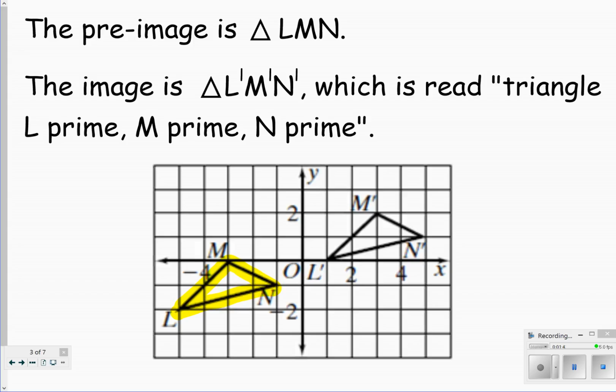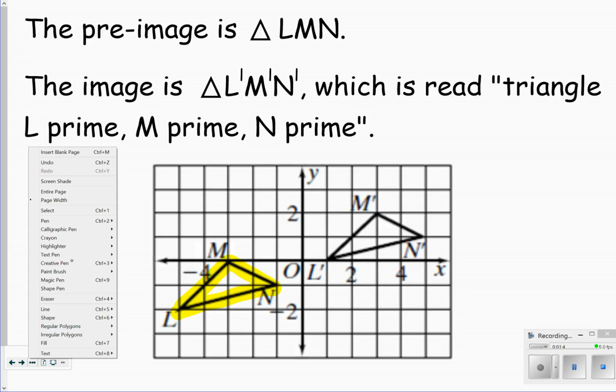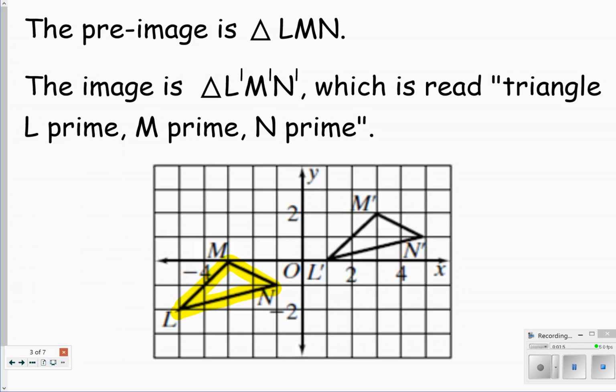Now we're going to translate this over. That means we're going to slide it over to a new location. And in our new location, it has a new name. That's our image, and here it is right here, LMN. Except, if you notice here, there's a little hatch mark next to our letters, and that distinguishes between the two shapes, so we know which one was first, which one was second.